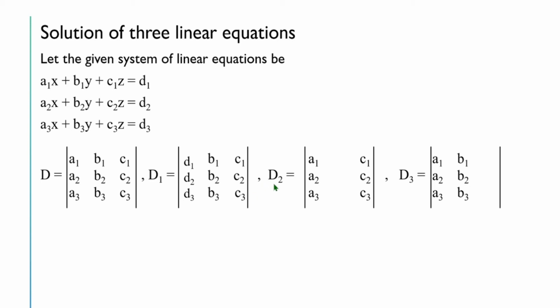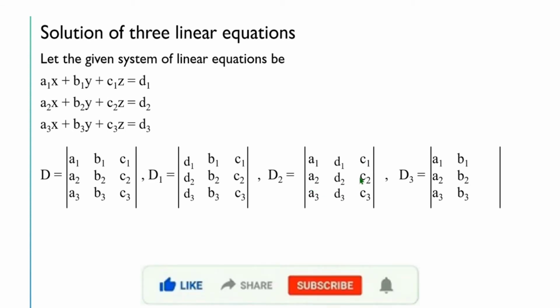Then let us take the next determinant D2 as, in place of the coefficient of y terms B1, B2, B3, we need to have the constant terms D1, D2, D3. So here D2 is nothing but this determinant A1, D1, C1, A2, D2, C2, A3, D3, C3.